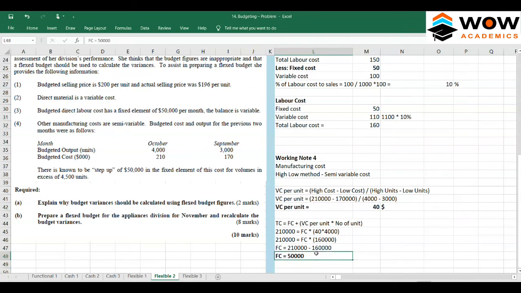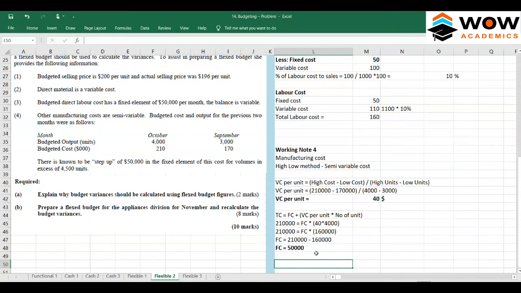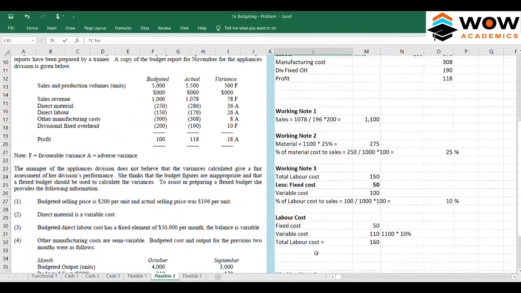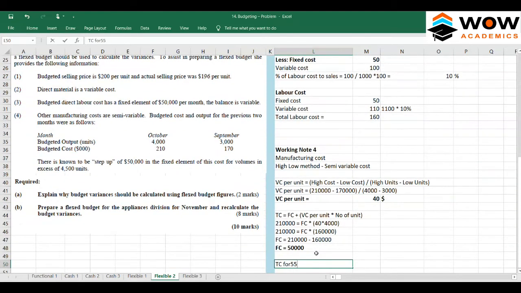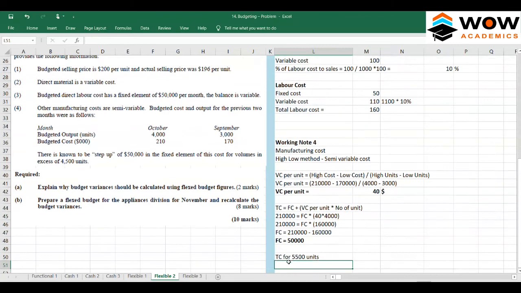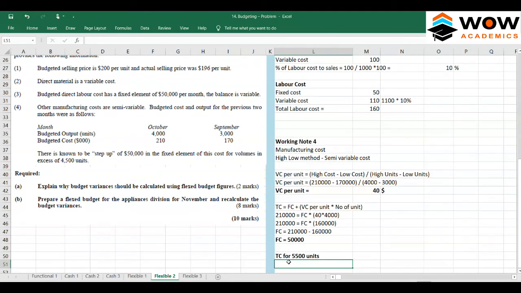Okay, so now we can find out what should be the total cost for 5,500 units. So we can work that out. Total cost equals, I think we can just copy the formula here so that you'll get a better idea.